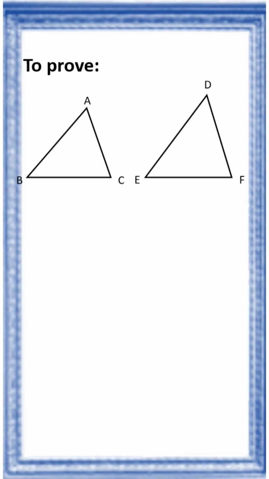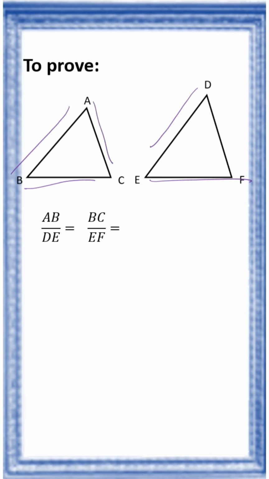While proving a theorem, you always have to first write the given items, then what is to be proved. What is to be proved here? AB by DE, meaning corresponding sides are in proportion. The corresponding side of AB is DE, BC is EF, so BC by EF, AC by DF.